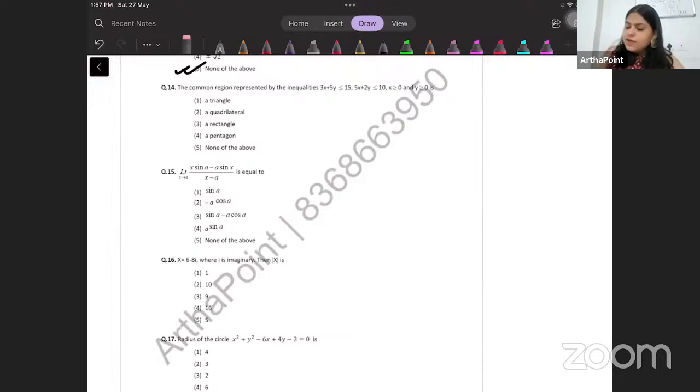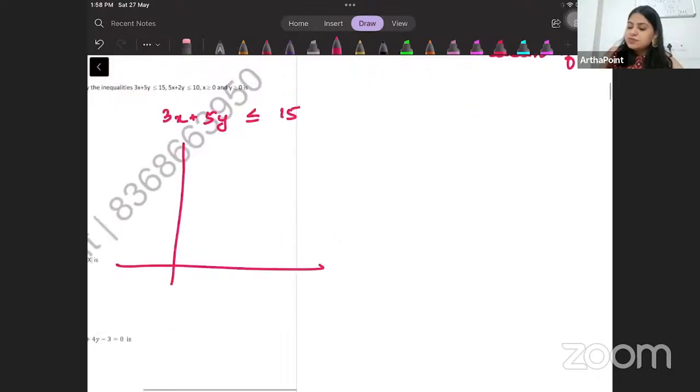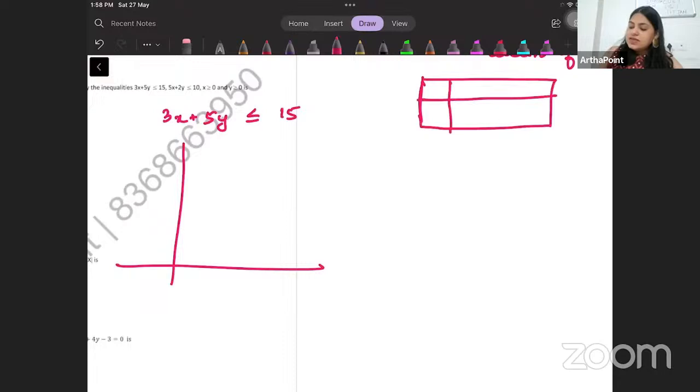When you have 3x plus 5y less than or equal to 15, if you plot this, when x is 0, y will be 3, and when y is 0, x will be 5.